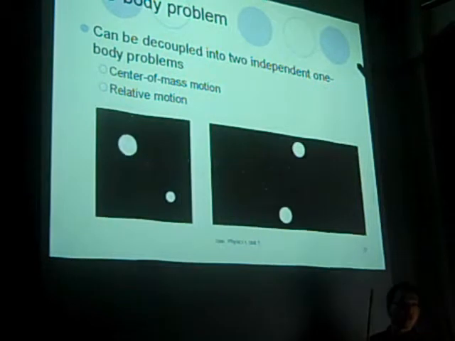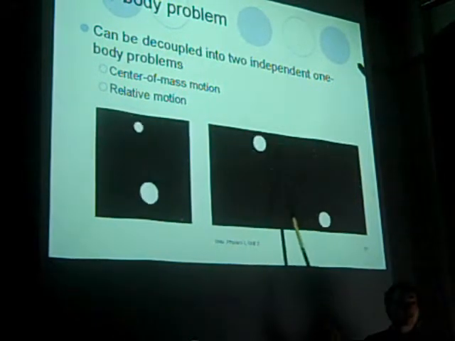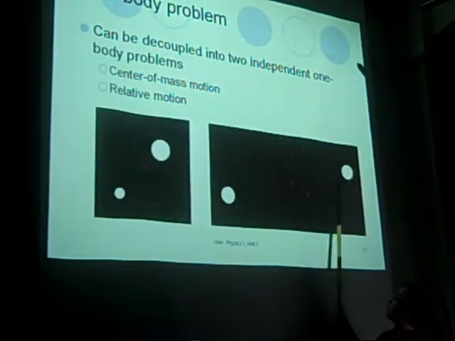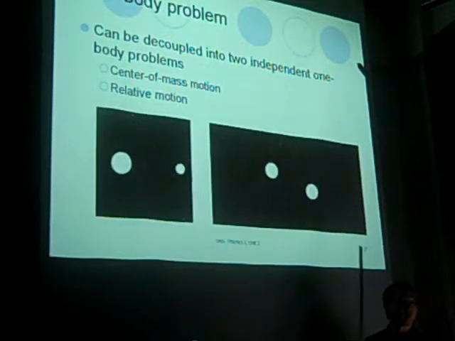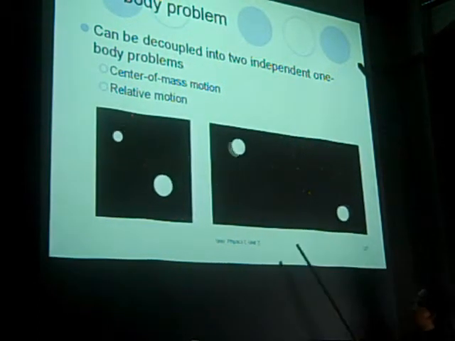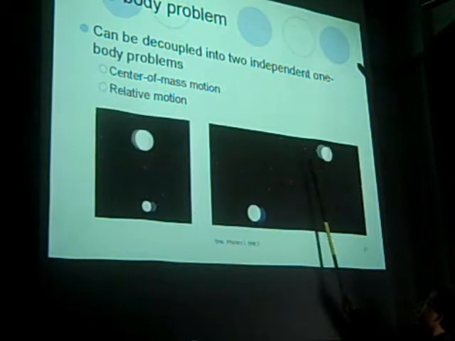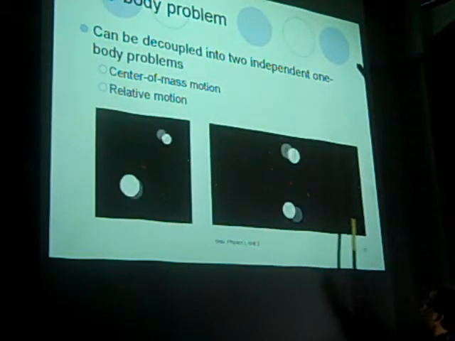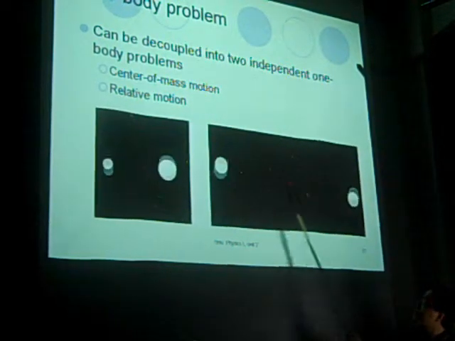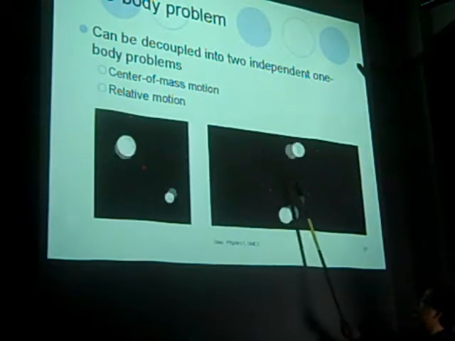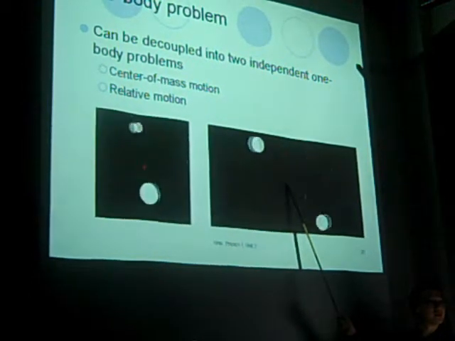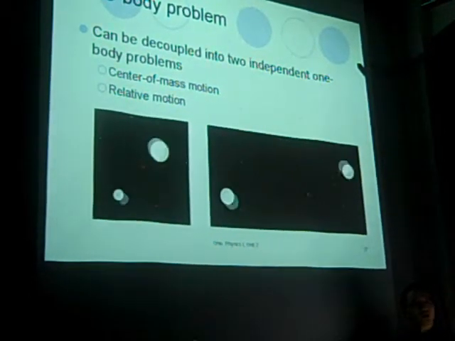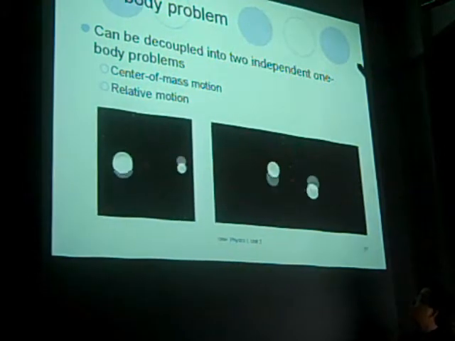Another is the relative motion. It's what you can see from this. In fact, this motion is the relative motion. And the relative motion is that you can think about this object moving around the center of mass, and this object is also moving around the center of mass. So you can try to decouple the motion.